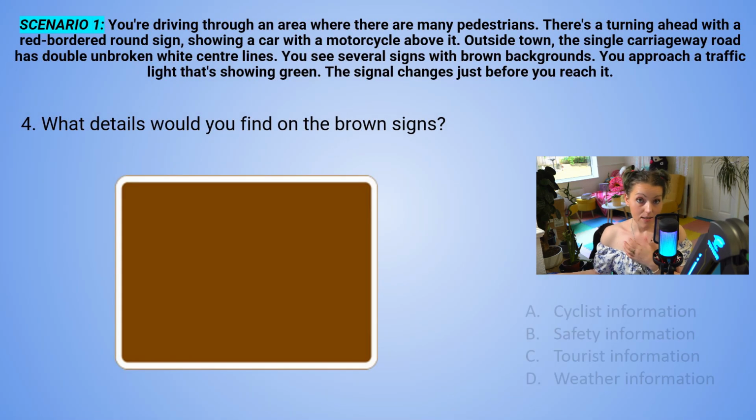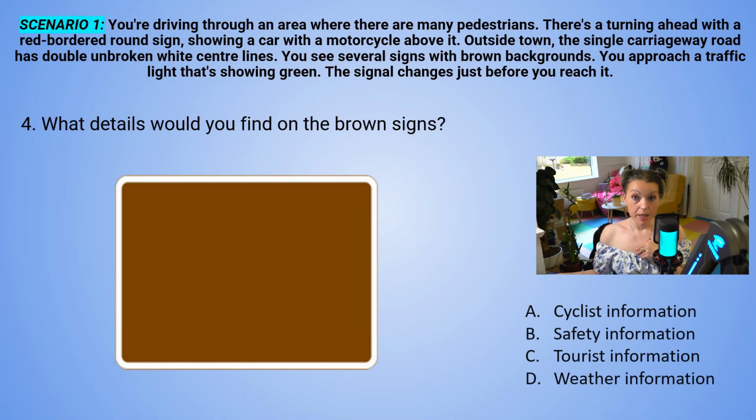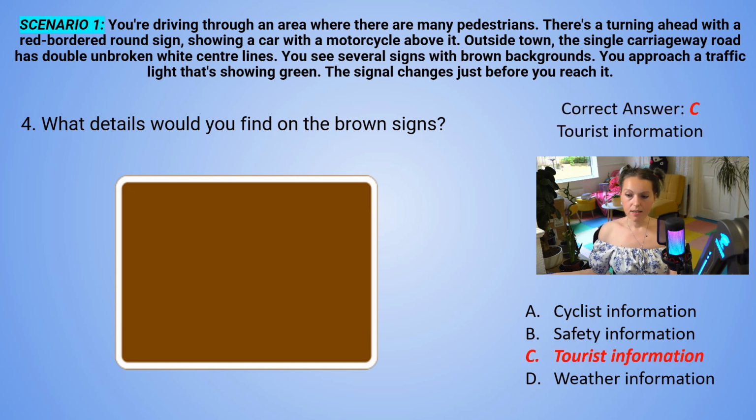A. Cyclist information. B. Safety information. C. Tourist information. Or D. Weather information. And the correct answer is C. Tourist information. Next question.